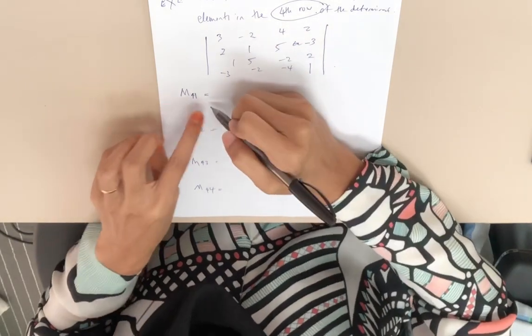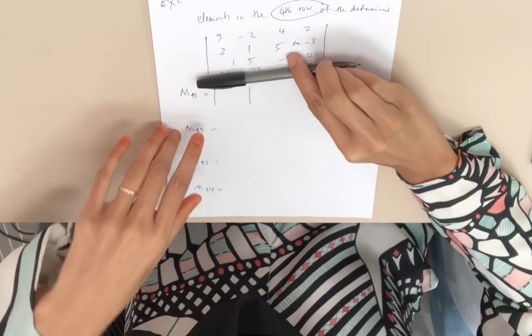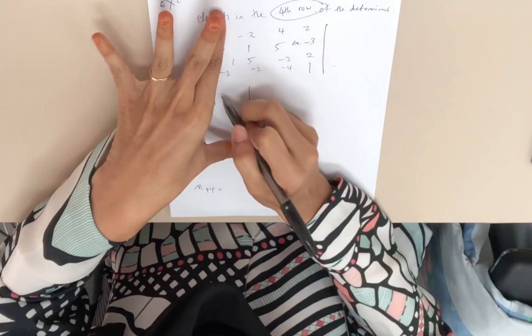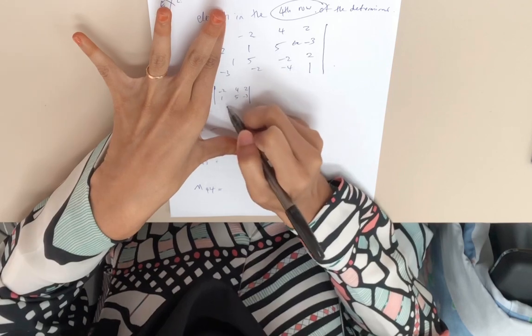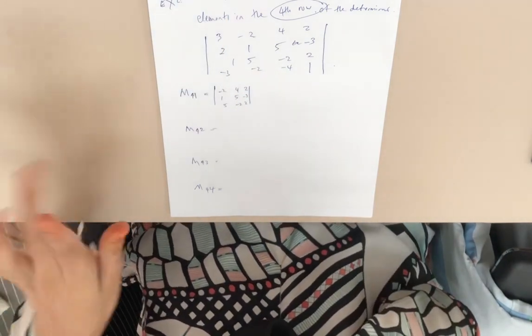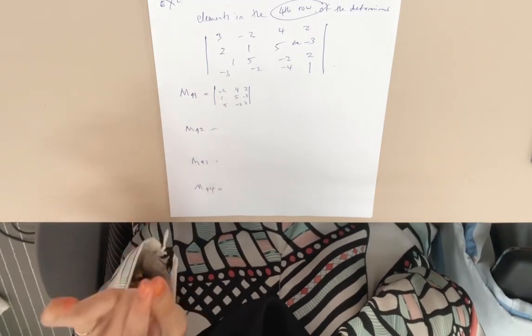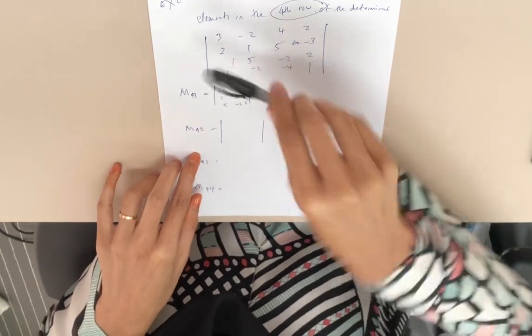For M41, you close row 4, column 1. You are left with negative 2, 4, 2, 1, 5, negative 3, 5, negative 2, 2. The next one, row 4, column 2.